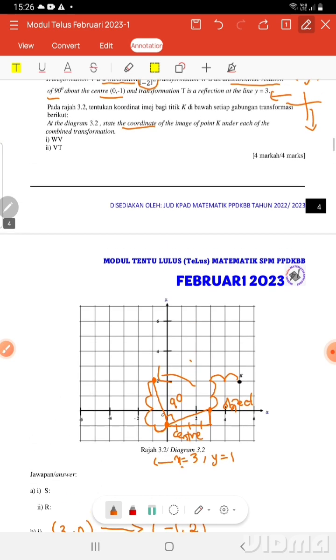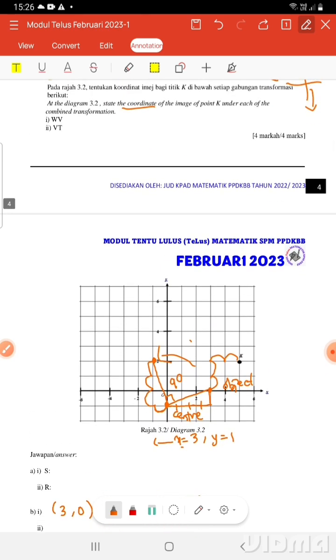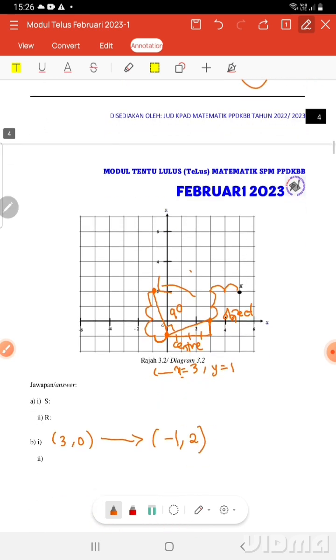So if you see here, the mark is 4. If your final answer -1, 2 is correct, you will get 2 marks. But if your final answer is wrong, but your first answer is correct, let's say you put 3, 0 and then you put here 1, 2, you will get 1 mark here.